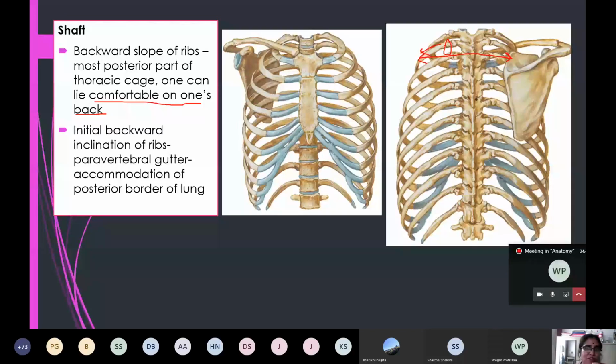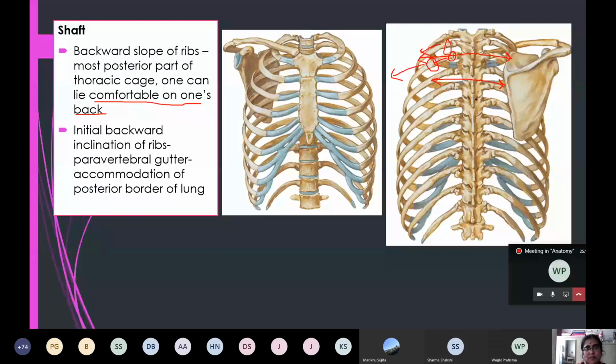But in the case of the human being, from the tubercle the shaft of the rib is first directed backward and laterally, then a twisting takes place at the angle of the rib and it is directed downward and forward. So the part of the rib directed backward and laterally provides an area on the back on which one finds it comfortable to lie. So this is the concept here.